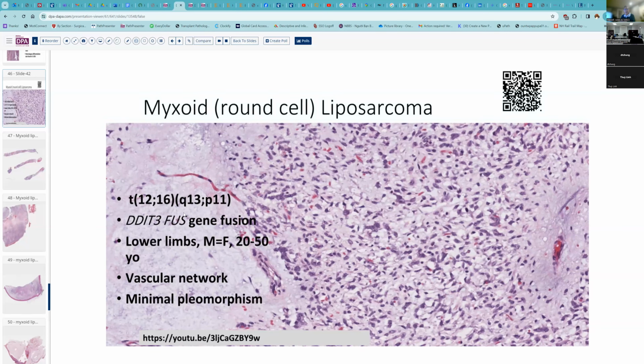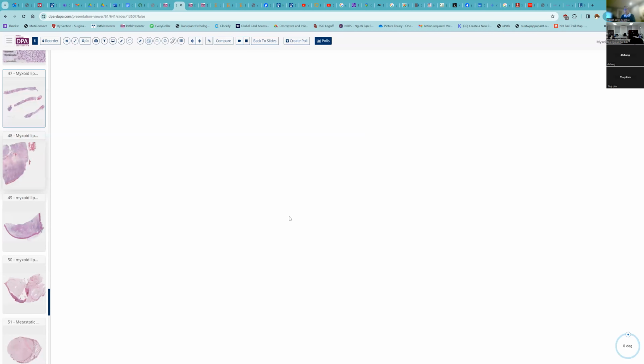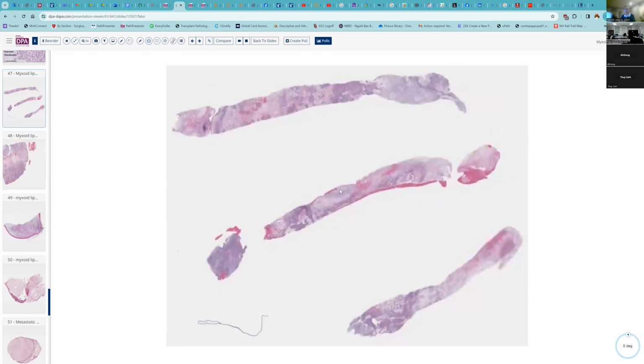And you can detect that in those laboratories. Now, the other thing about this tumor is that the degree of atypia tends to be quite low. It's not a high-grade pleomorphic sarcoma like dedifferentiated liposarcoma.